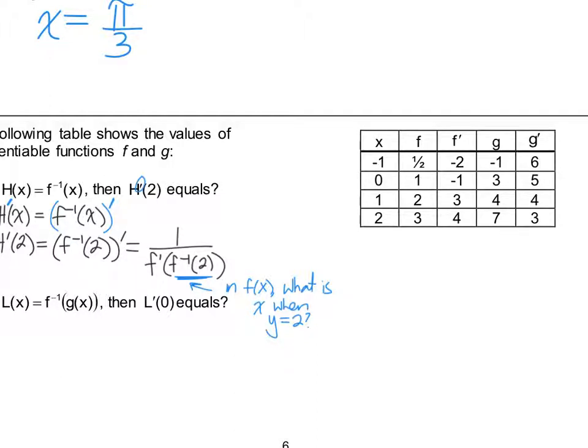So looking at x against f, just the first 2 columns. We're just focusing on these 2 guys. I have the y value of 2 corresponds to an x value of 1. So that means I'm looking at 1 over f prime of 1. So what's f prime of 1? When I have an x value of 1, what is the f prime value that corresponds to that? 3. So 1 over 3.